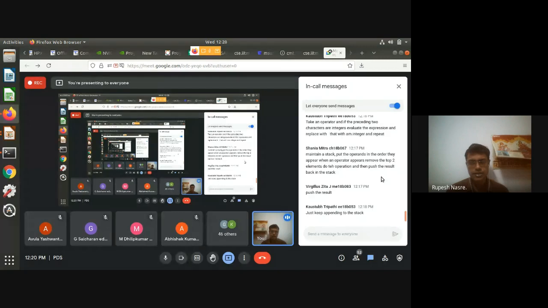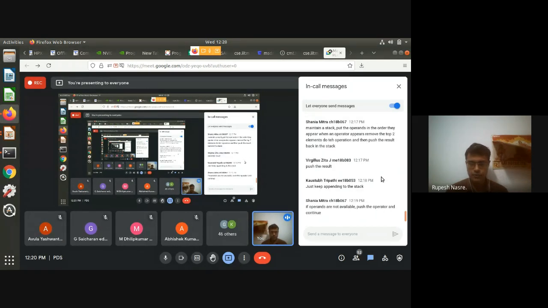So let's understand that. Let's see if that is going to happen in the postfix form. Shania says if operands are not available, push the operator and continue. Okay. So this is what I think Kaustubh and Shania seem to be agreeing upon. Any other suggestions on this thought?